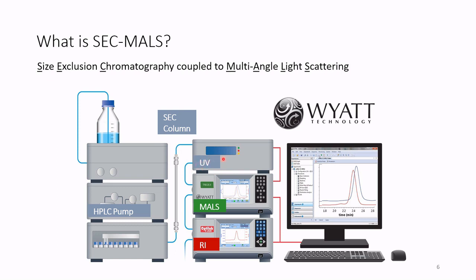Now, all these systems are connected to a computer where we collect, visualize, process, and analyze the data. We use the software called Astra, and it's a really user-friendly and simple software to use. Data processing on Astra takes about 5 to 10 minutes once you get the hang of it. And that's basically the last component in our SEC-MALS setup.